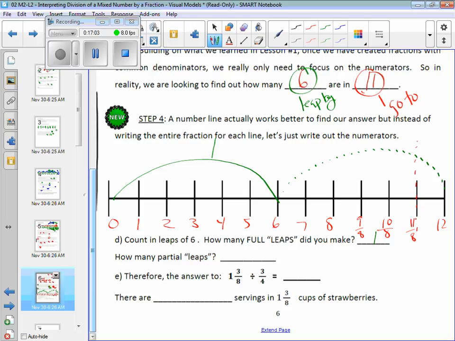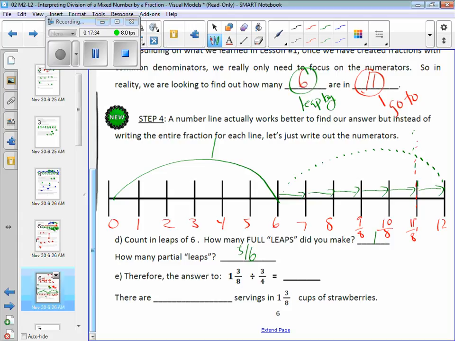How many blocks are there altogether? How many lines are there from this leap to the next leap? How many leaps is that? How many pieces is that? And technically, our go-to is 1, 2, 3, 4, 5 out of 6 parts of the way. So the answer becomes 1 and 5/6.